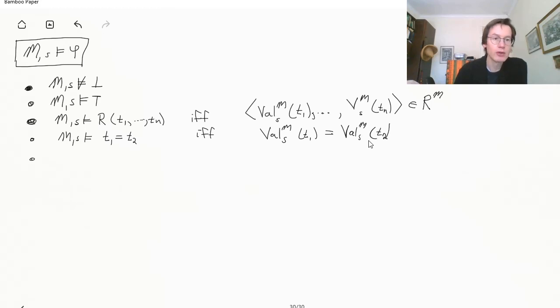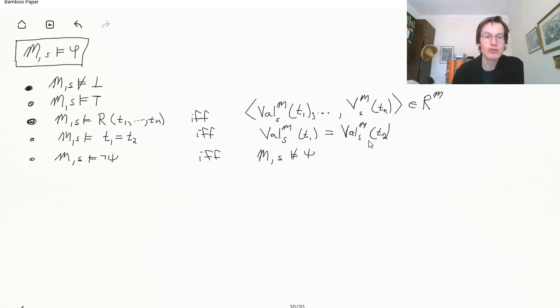So now we need to start looking at the propositional connectives. If my formula is the negation of some formula, if it's not psi, here our intuitions from propositional logic come in. I'd want the negation to be true if and only if in that same structure, under that same variable assignment, the psi, the argument of the negation, is false.